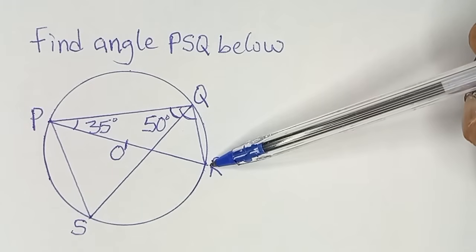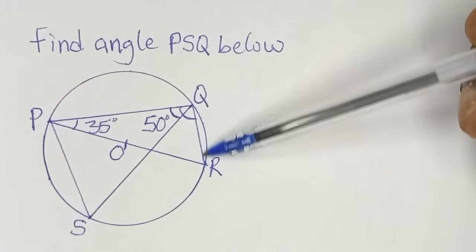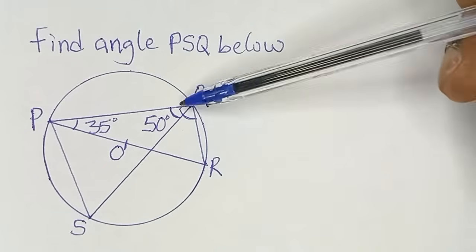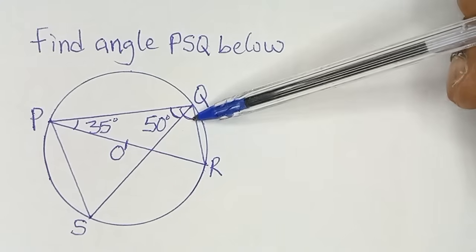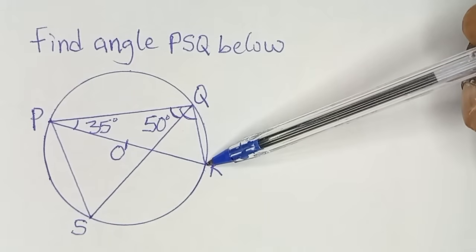Once you see a problem where you have a diameter forming a triangle, and you identify the opposite angle to that diameter, the theorem that should come to mind is that the angle in a semicircle is a right angle.